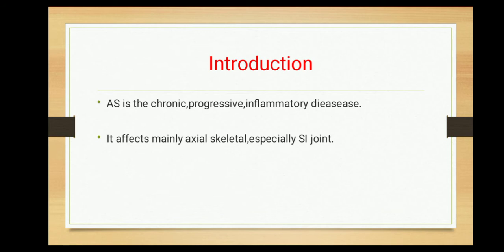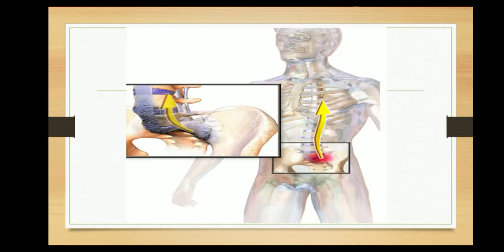It affects mainly the axial skeleton, especially the sacroiliac joint. It affects the axial skeleton, not the peripheral skeleton. That is the key point to understand. This is a picture of ankylosing spondylitis, which affects the sacroiliac joint, and the upward progression of the disease is shown in this figure.